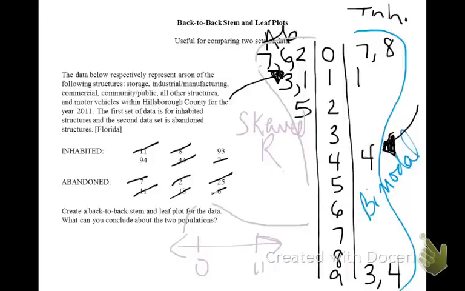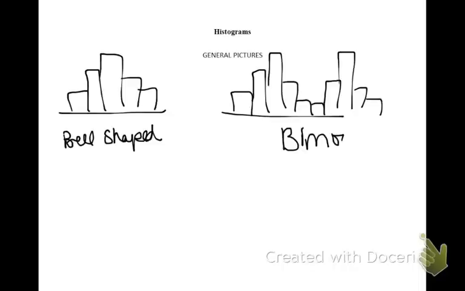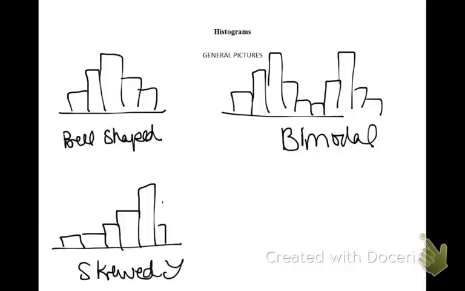There's less spread. Some general pictures of histograms would look as follows. We could have your bell shape, or symmetric. There can be bimodal, skewed left, and skewed right.